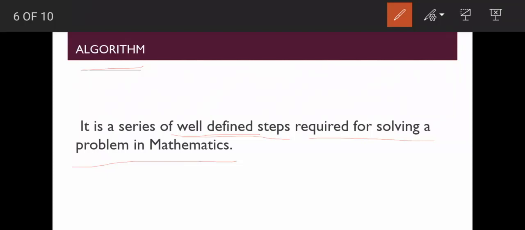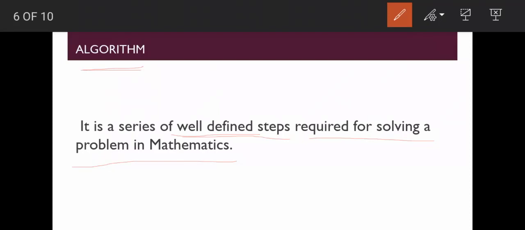Now, how to proceed with the solution of a particular problem in mathematics? There is a systematic number of steps. Often we get a systematic number of steps while solving all the problems in mathematics. These steps can be considered as algorithm.